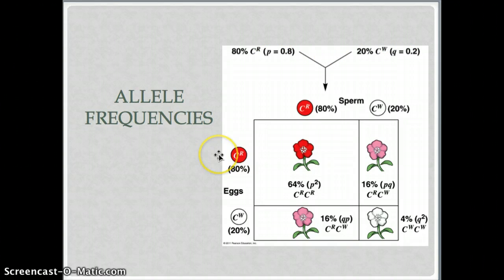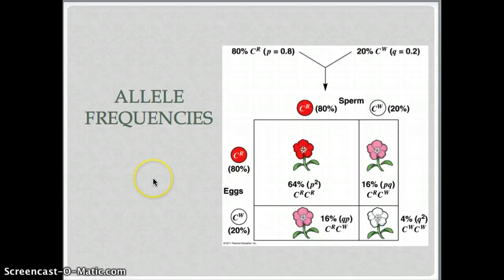And then from the mother side, also within this population, because it's within the same population, we have 80% of the time red flowers, and 20% of the time white flowers. As they mate and produce offspring, we have this new combination, this new frequency. From their offspring, we found out that 64% of them would have red flower, and 32% of the time we'll have pink flower, and eventually at a very low percentage compared to everything else, 4% of the time we'll have white flower.